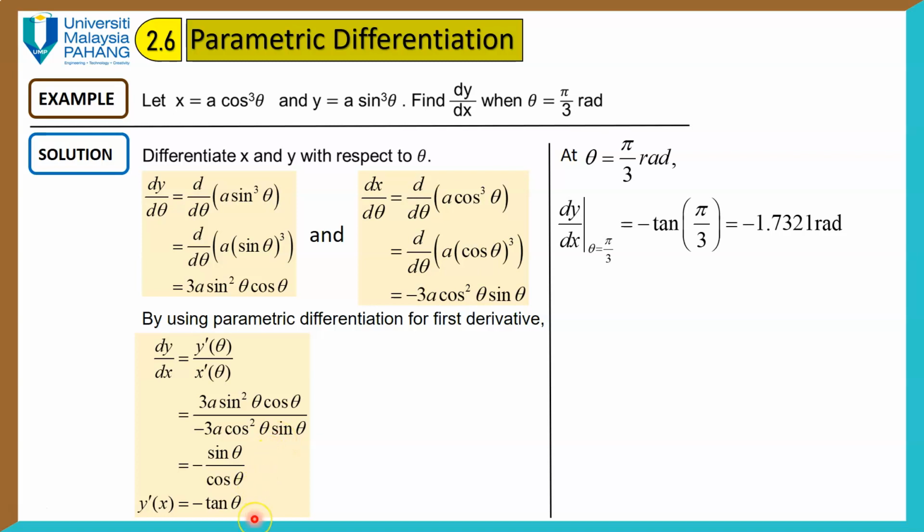Finally you get y prime x equal to negative tan theta. After that you plug in theta equal to pi over 3 radian into your dy dx. You can use your calculator and give the value in 4 decimal places in terms of radian.